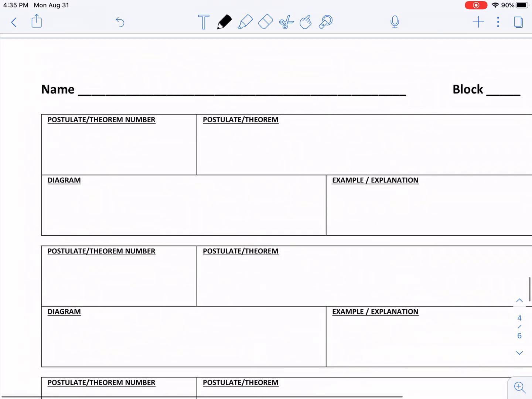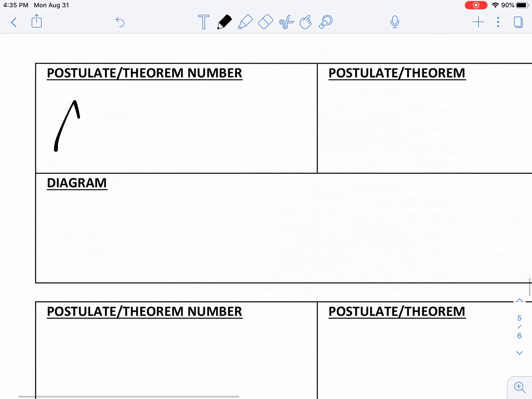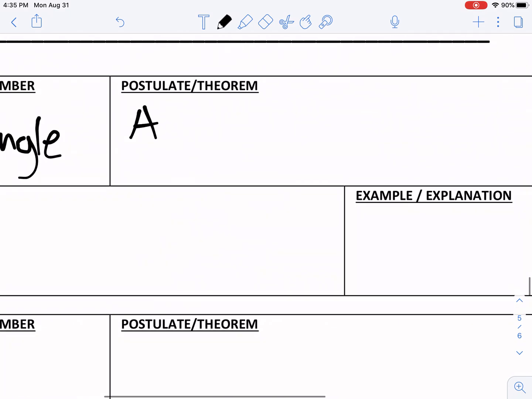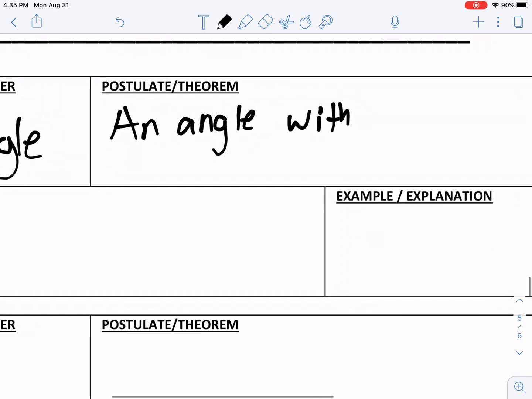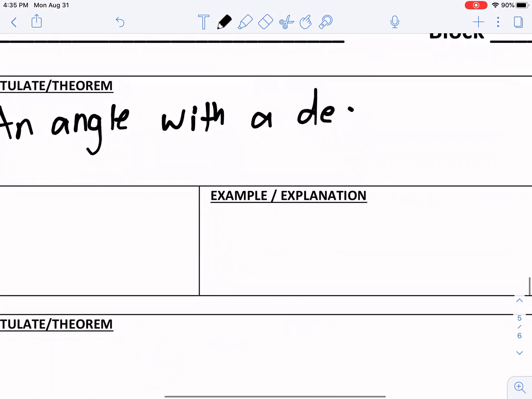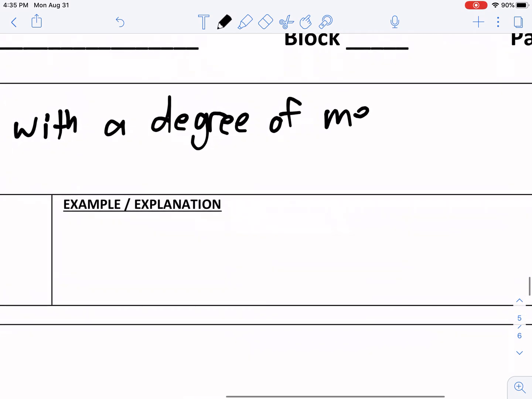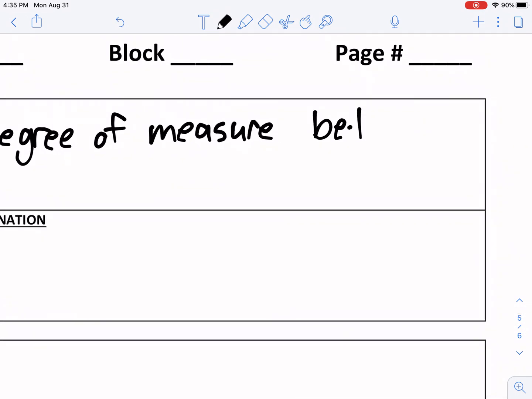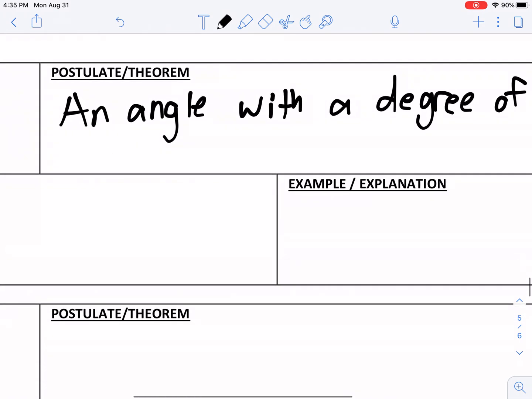The first one we're looking at is an acute angle, okay? And it's an angle with a degree of measure between 0 degrees and 90 degrees, okay?